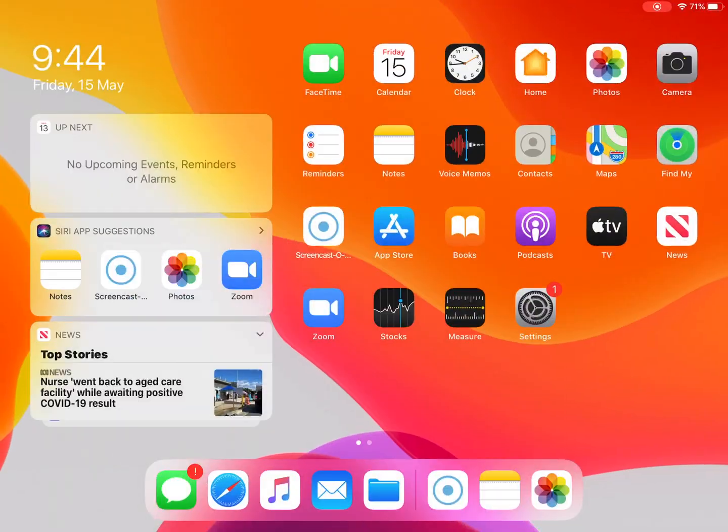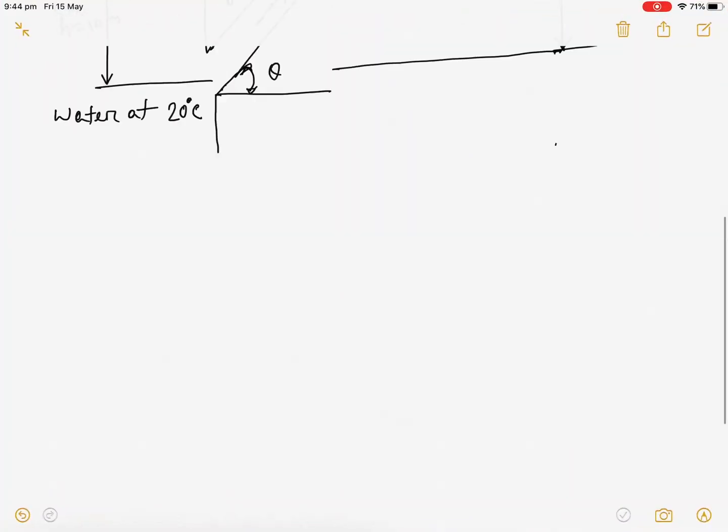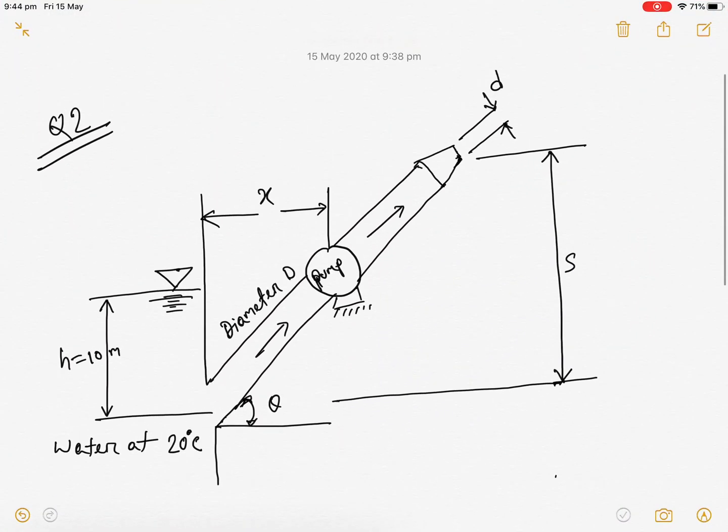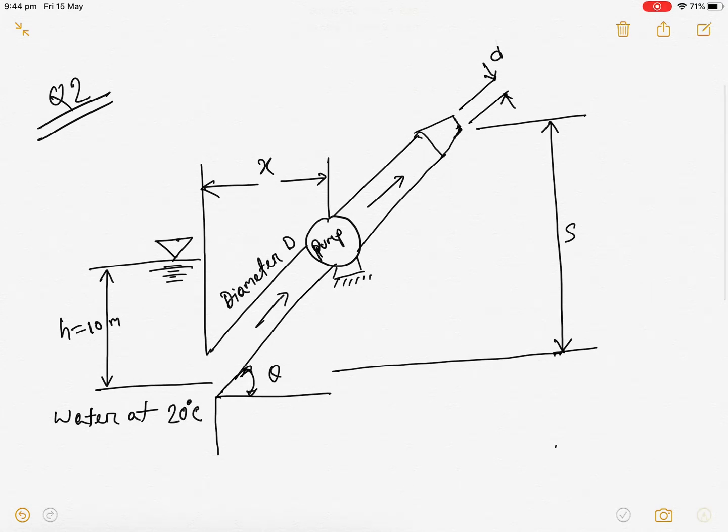So if we start with this problem, the diameter for the initial section is 160 and the outlet diameter is 80 millimeter. This distance is given as 30 meter. It creates the 30 degree angle here.